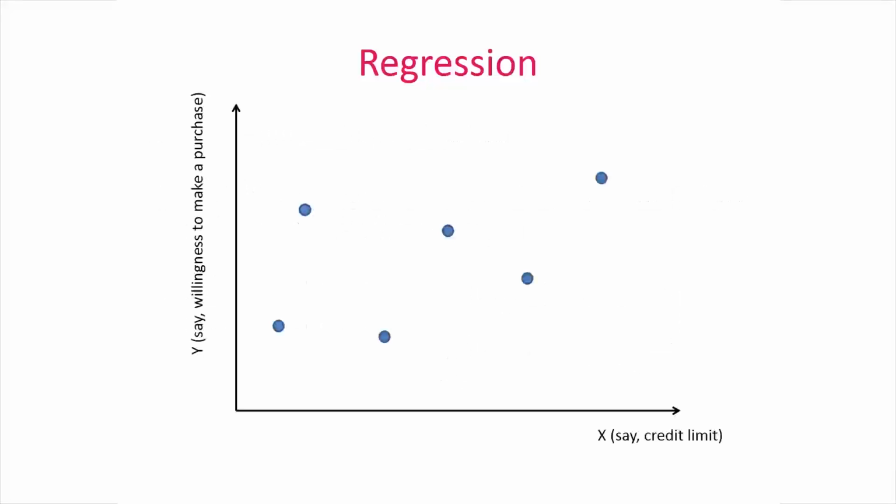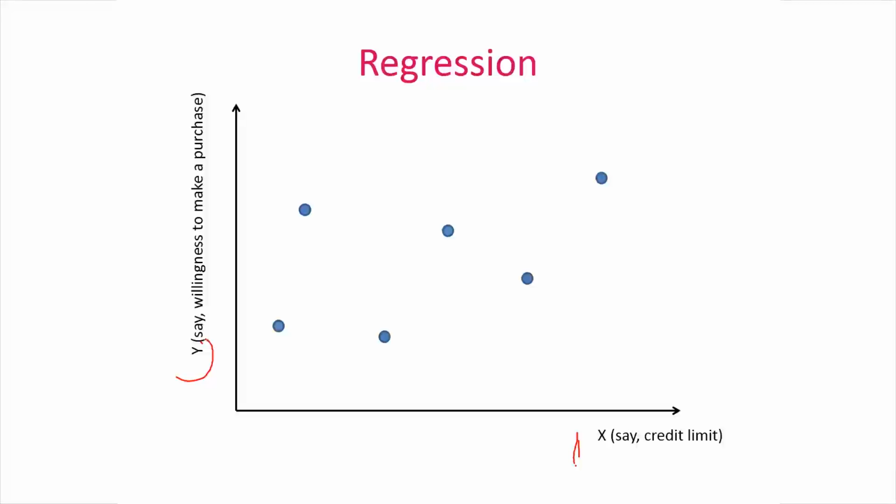Now let's imagine we are doing an experiment. We collect data from several people on their credit limit. We're going to call that X. And we also measure from those same people a variable Y. Let's imagine that is their willingness to make a purchase.